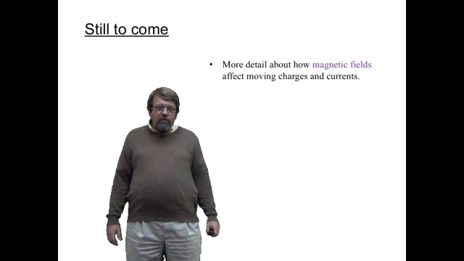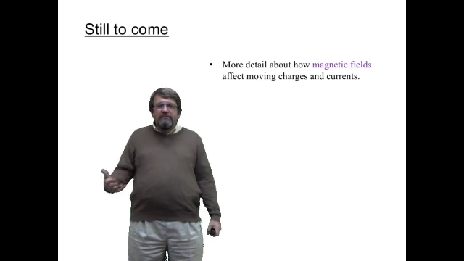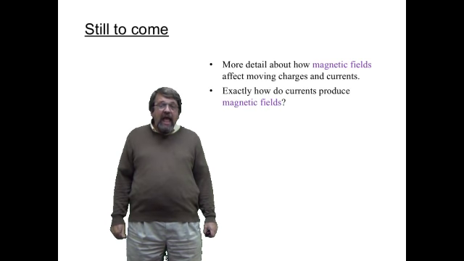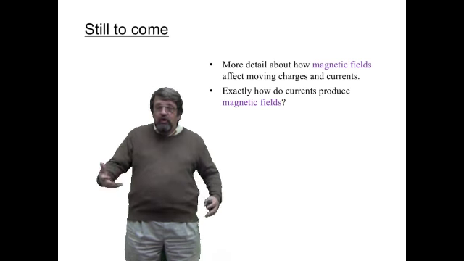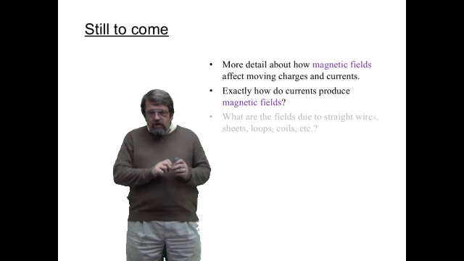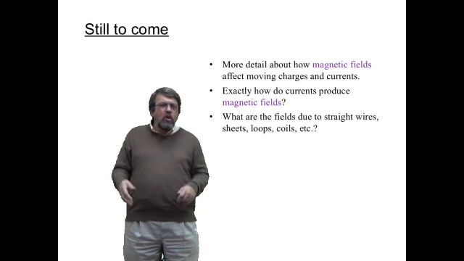Okay, so there's still a lot that we'll need to understand about magnetic fields and about the whole rest of the subject. For example, we need to have a lot more detail about how magnetic fields affect moving charges and currents. And we also need to know exactly how currents produce magnetic fields. We need to know what the fields are due to long straight wires and sheets of currents and loops and coils and so on.